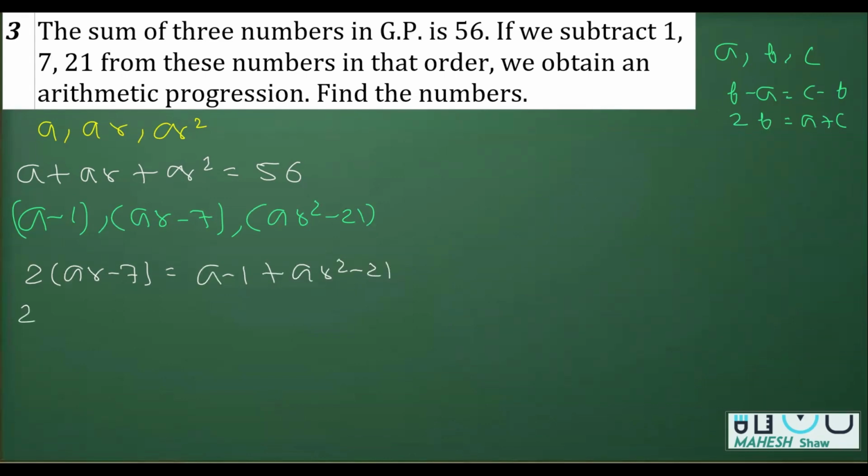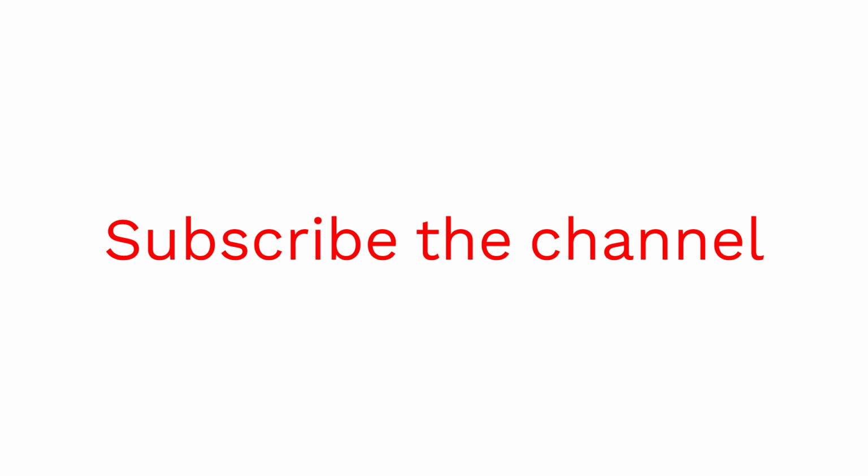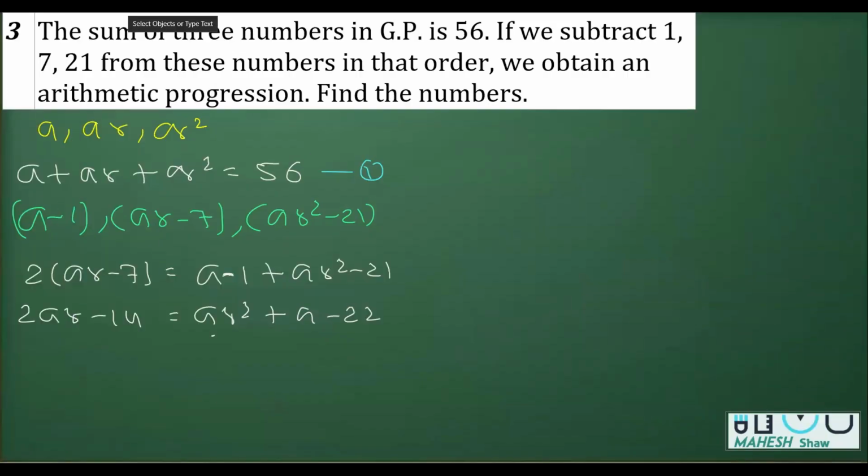Now if I simplify it further, it's 2AR minus 14 equals AR square plus A, and this is minus 22, minus 1 and minus 21. Now simplifying this, I'm keeping the constant on the left hand side. So it's minus 14 plus 22, which should give you 8, right? And I'm keeping the right hand side AR square, and this will give you minus 2AR from here, and plus A.